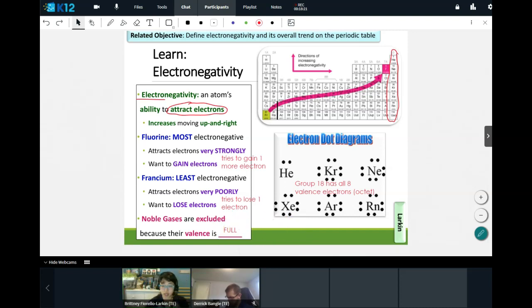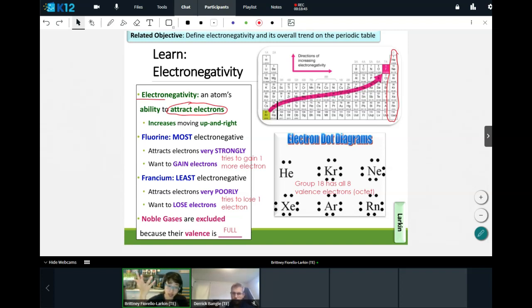Yes or no? No, they don't care about electrons, and so we don't really talk about electronegativity with noble gases, because in general, they're not trying to gain or lose electrons. They're completely neutral. They just want to stay the way that they are. So again, the pattern is as you go up and to the right, electronegativity increases, with the exclusion of noble gases.